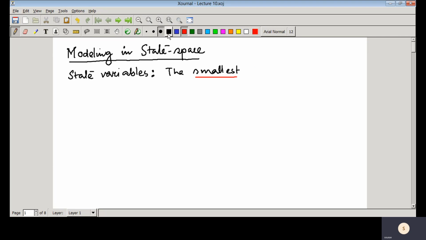The smallest set of variables that completely determines the system, that means we can find its outputs, the other variables involved in that particular system, the initial conditions, and so on. Everything we can have from the set of variables.